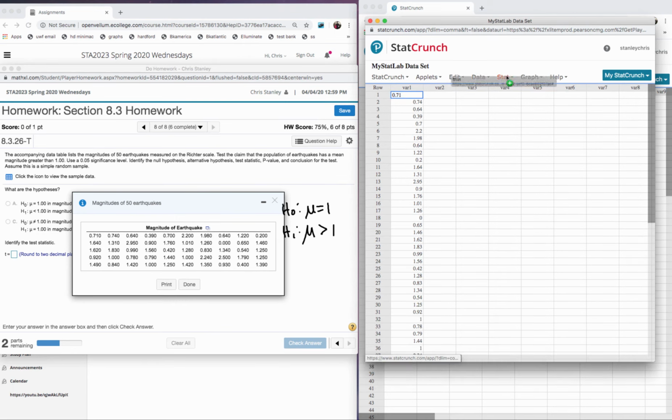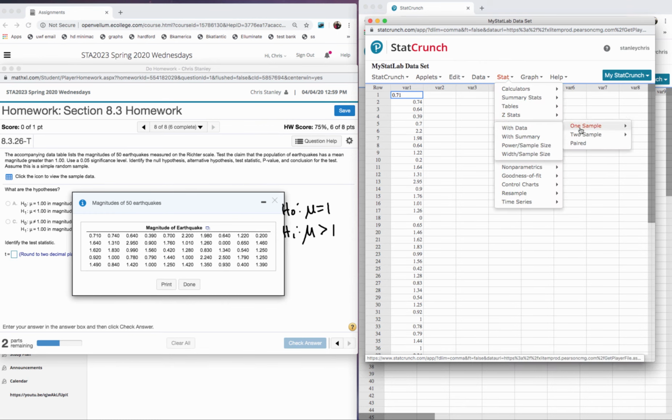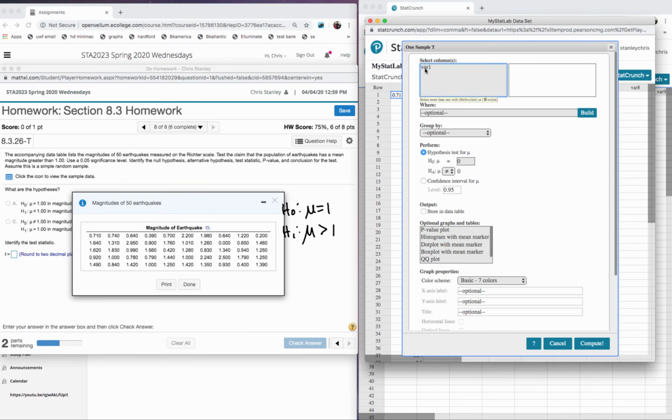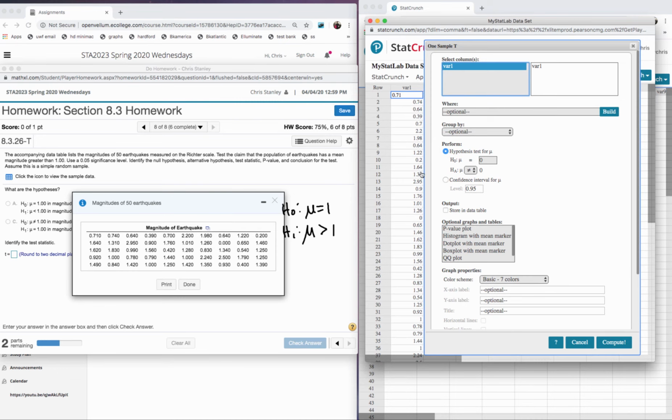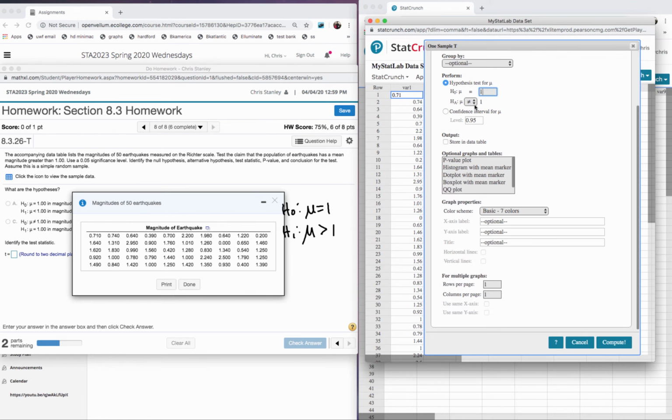So now we want to run a t-test. So it looks like all these are t-tests. Select the variable. That's the variable with all the magnitudes in it. If I just move this over a little bit, variable 1 has all the earthquake magnitudes. It says to change to match our known alternative.